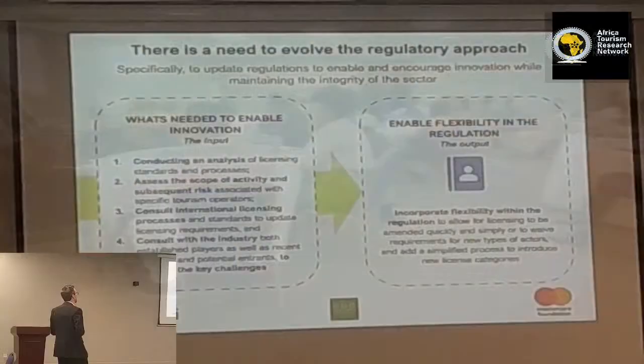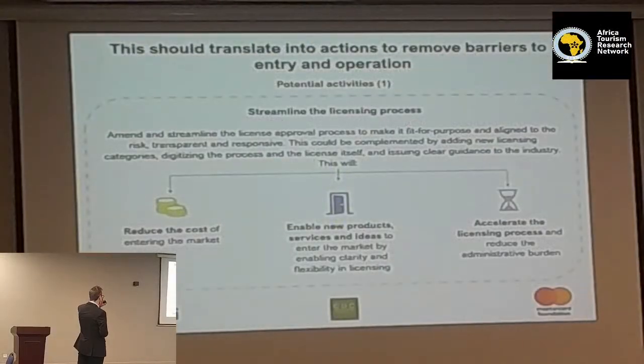Because these are the types of entities that we really want to encourage into the market. Actors like digital platforms that help to aggregate services and help to provide back-end service operators, booking systems that can help to streamline how all of us can do our business more efficiently, more affordably.